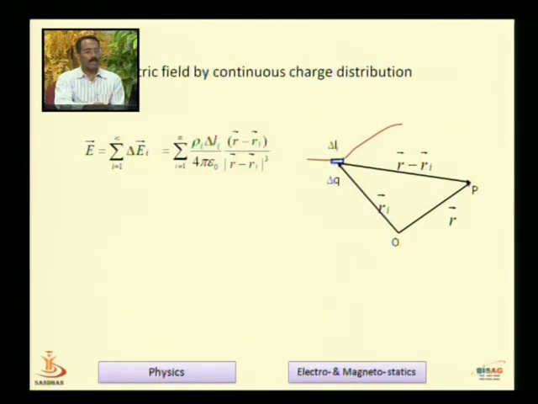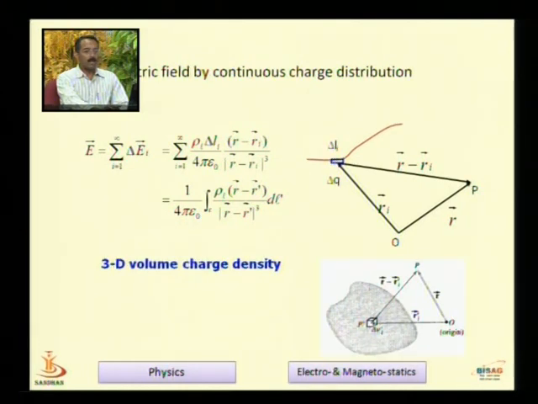And so one can write rho L into delta Li. That is nothing but delta Q, because rho L is the charge per unit length. 4 pi epsilon 0 is a constant, and here we are dividing by r cube and multiplying with the position vector from segment delta Li to P. Similarly, you can also find the electric field due to volume charge density.